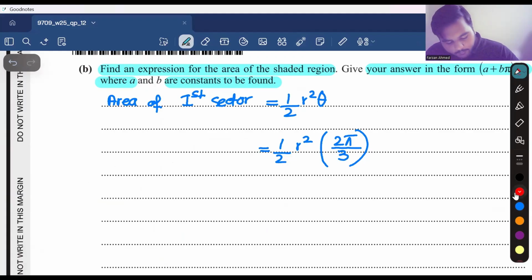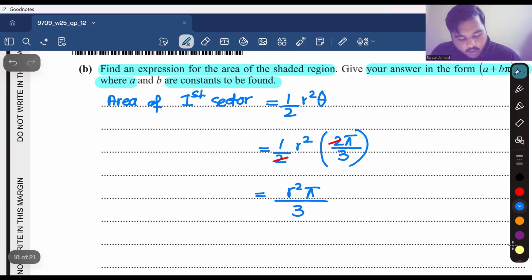So in this the 2 cancels, and this will be r squared pi upon 3. Okay, so this is the area of the first sector. Now what do we have to find? Now we have to find the area of the triangle.